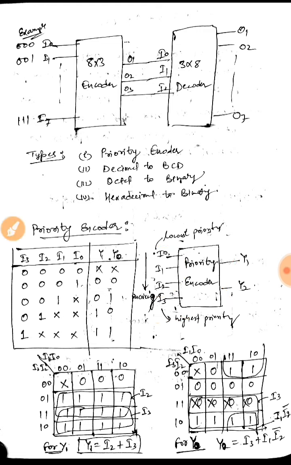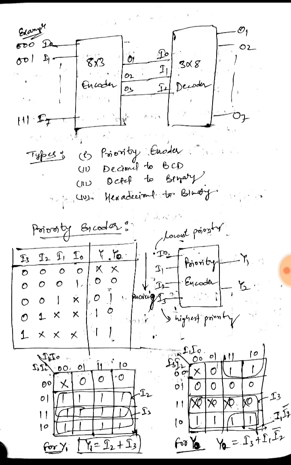Now let's see, if I3 is low and I2 is high, whatever will be the status of I0 and I1, that is, we don't care whether they are high or low, only I2 would be transmitted, that is 1 0.